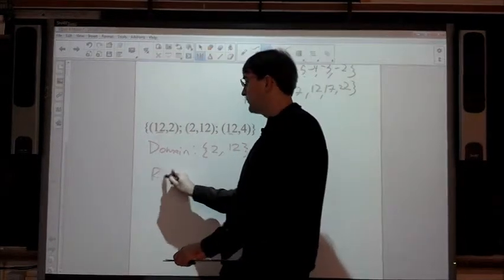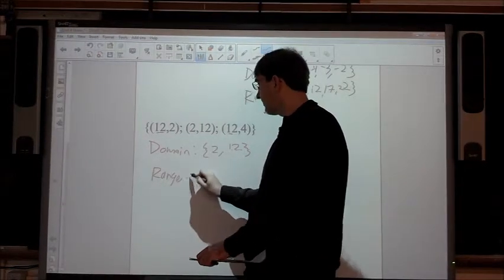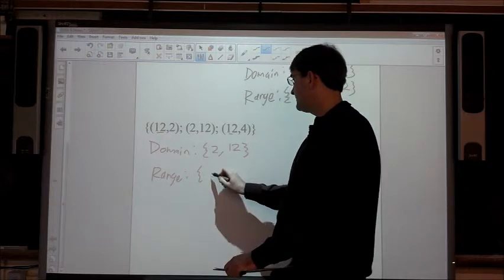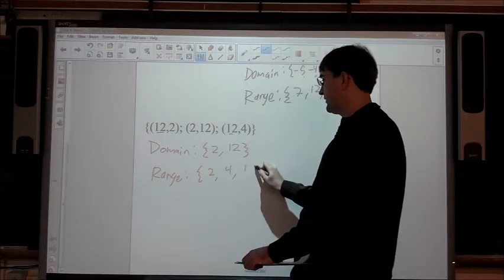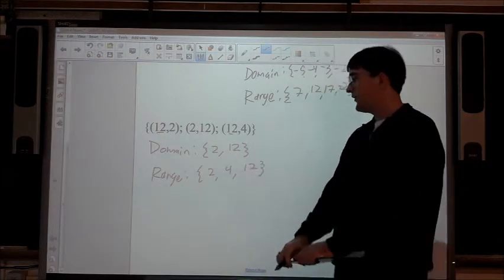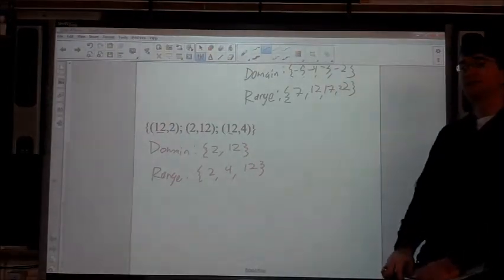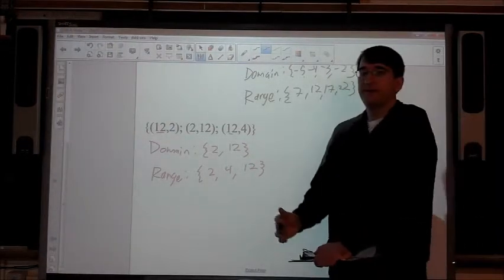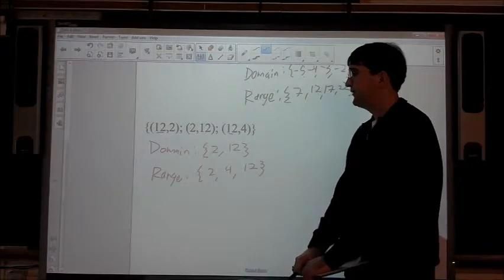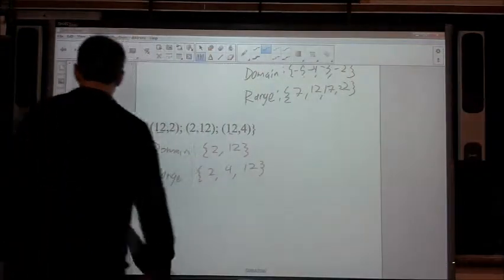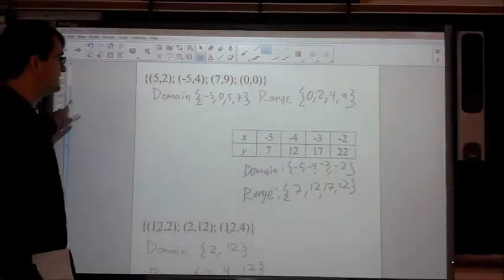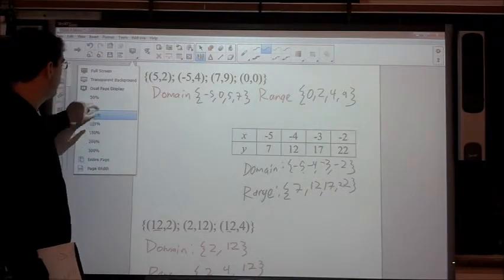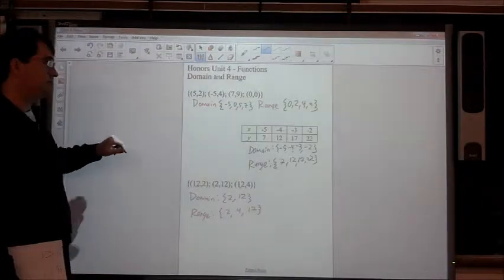And then with my range, I have 2, 4, and 12. So the domain just has 2 numbers in it, but the range has 3. And that's perfectly acceptable. For tables and lists of ordered pairs such as these, it's pretty straightforward how to get the domain and range.